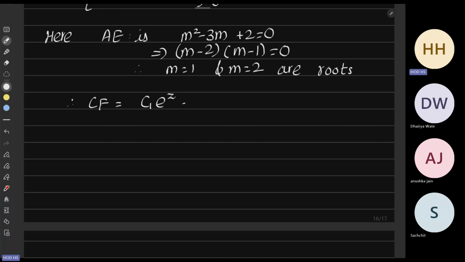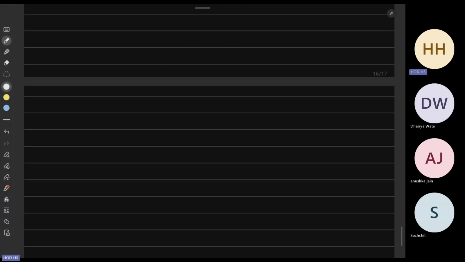Notice that we are getting the solution in terms of z, but we want the solution in terms of x. But we know e to the power z is x, and e to the power 2z, which is e to the power z whole square, is x square. So this is my complementary function.